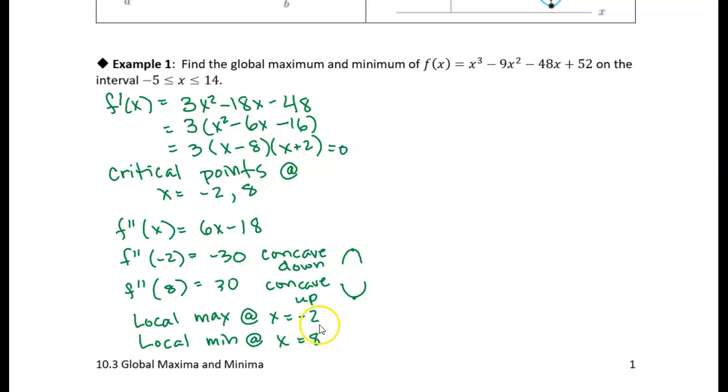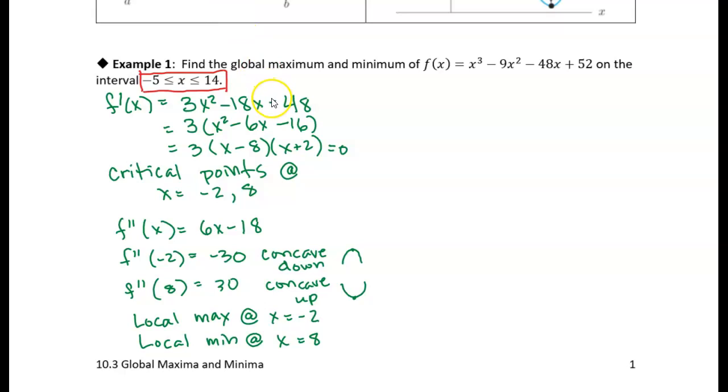So the thing we need to do now is look at all the possible points and evaluate the function at each one of those points and determine which one is the global maximum and what's the global minimum. We have to keep in mind that it's on an interval. The interval is from -5 to 14. So we're limited there.